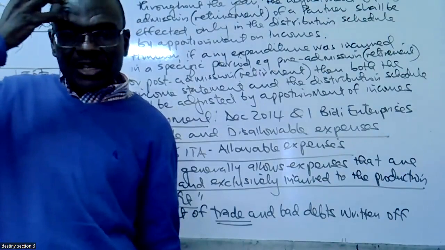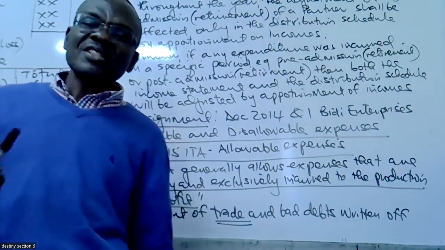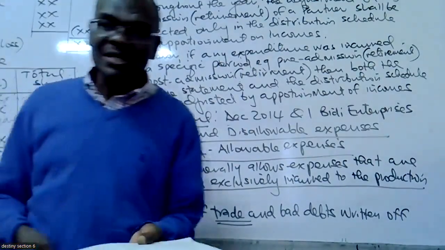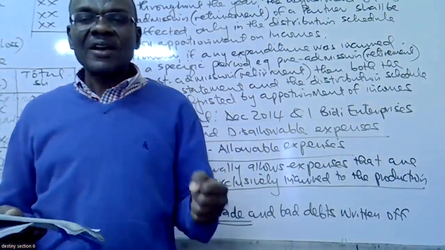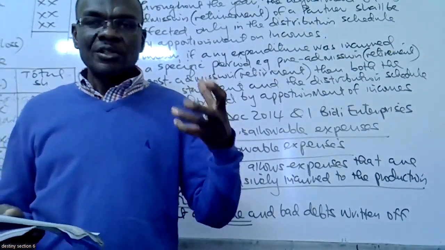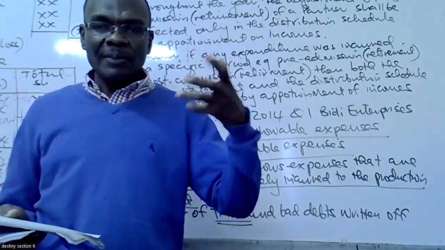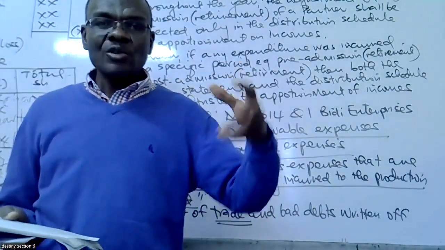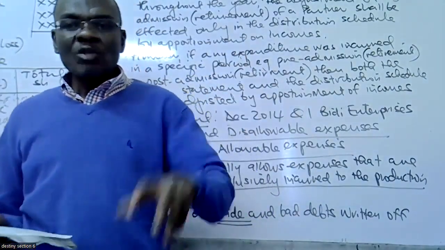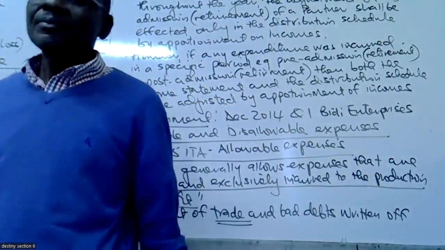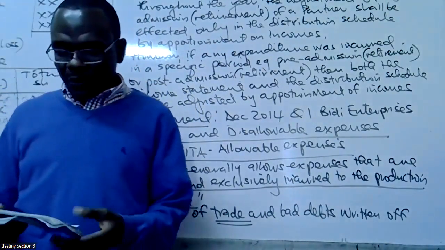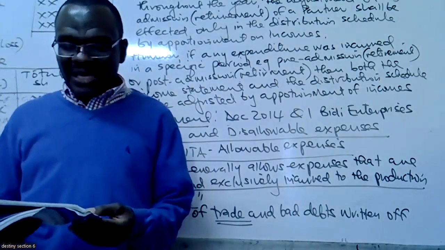For the current mortgages, the maximum interest allowable per year is 300,000 shillings, or per month it is 25,000 shillings. So in case of a mortgage or a loan used to acquire owner-occupied property, you bought a house and you're fully occupying that property, the amount allowable as an expense against your income is 25,000 per month, or 300,000 shillings per year.